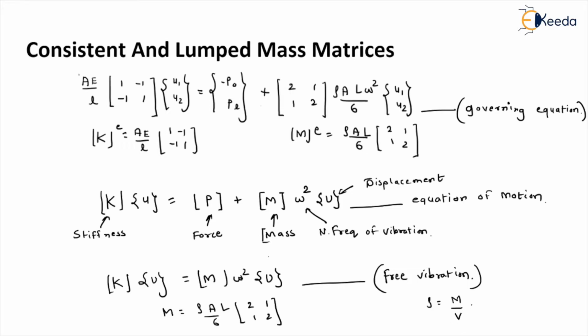So volume is nothing but A into L, area into length. So if the 3D object is like this, then L is my length, A is my cross section area, and volume is A into L, area into length. So that is my volume. So mass is represented by m is equal to rho into A into L. So that's why this whole equation is known as mass matrix.